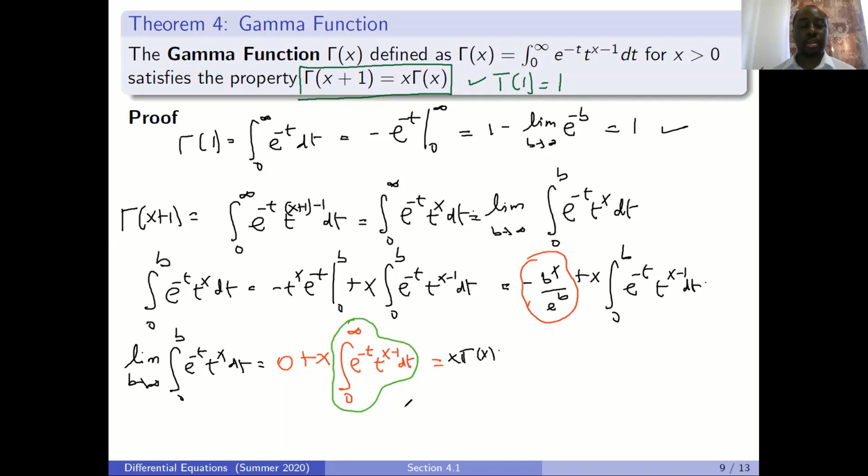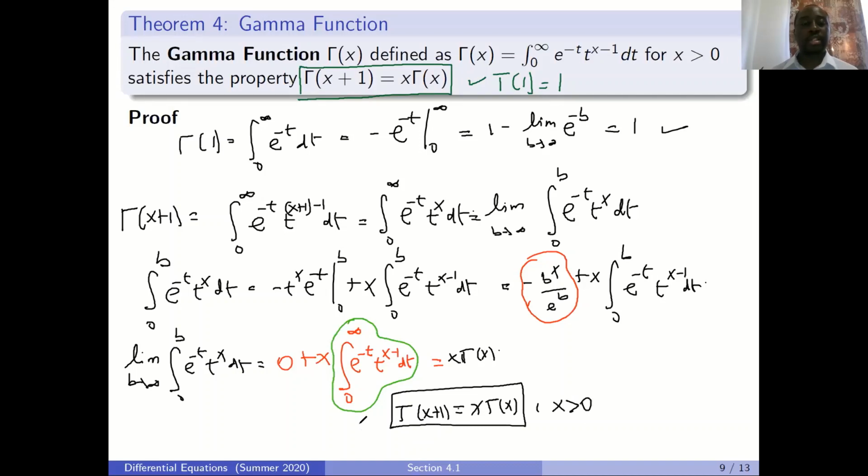So we have shown that gamma of x plus 1 is x gamma of x. Beautiful. This is a very important relationship that we are going to exploit. This is true for any positive x.